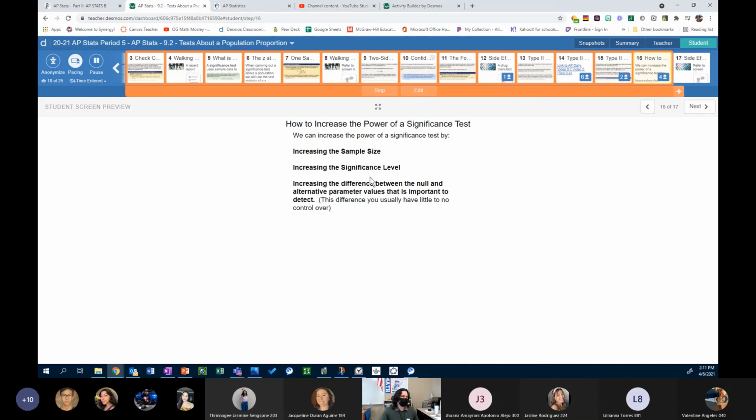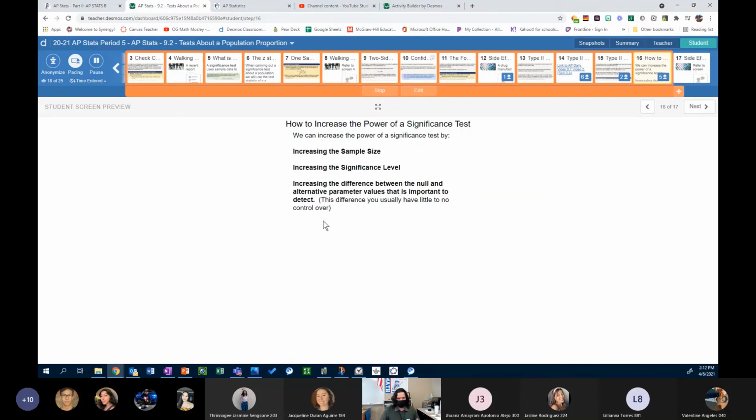Right, increasing the significance level. Right, so with a higher alpha, that should increase the power. We can also increase the difference between the null and alternative parameter values that is important to detect. This difference you usually have little to no control over because it's not your experiment, right?